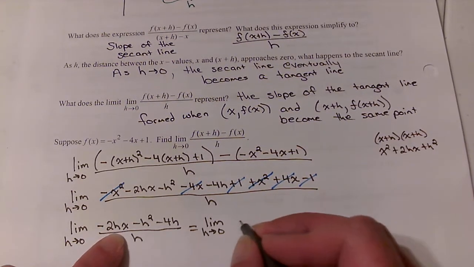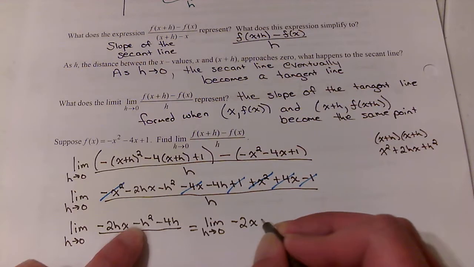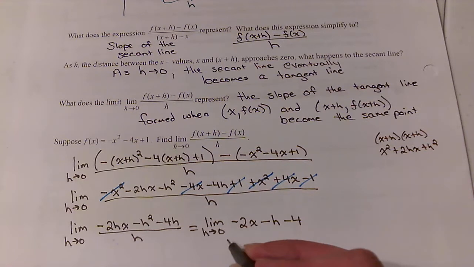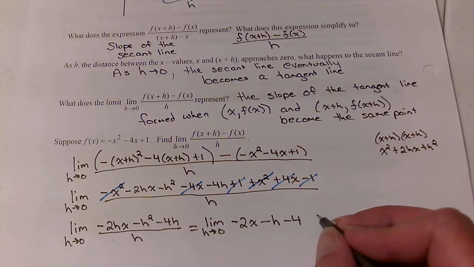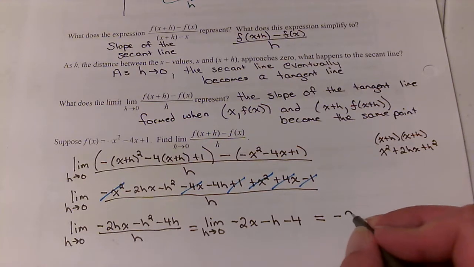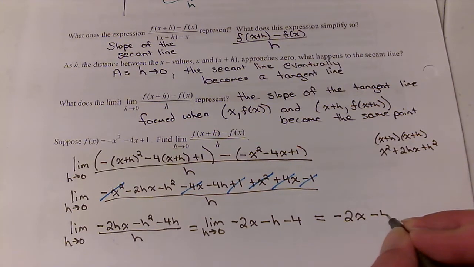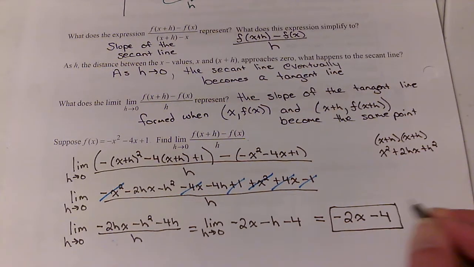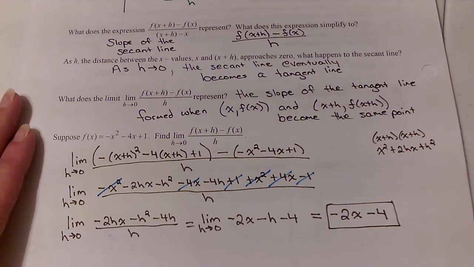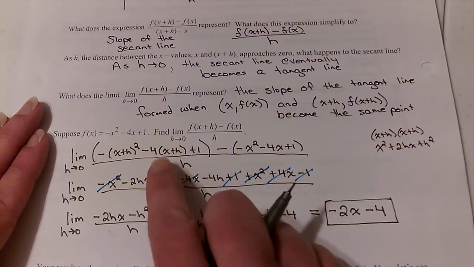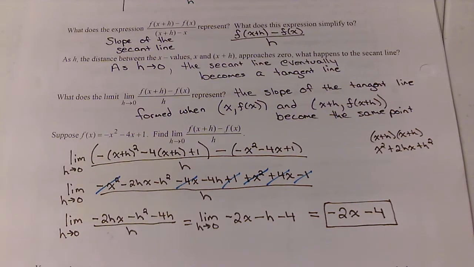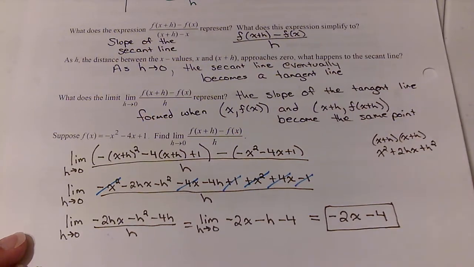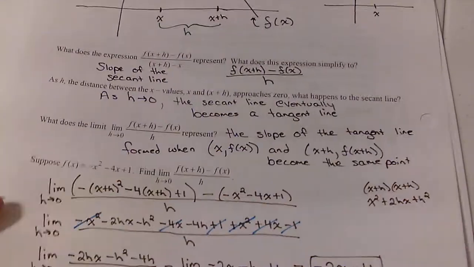So when I divide that by h, I get negative 2x minus h minus 4. Now we can let h go to 0, and we get negative 2x minus 4. This is considered to be the derivative of this function. This is a rule that'll find the slope at any point on the graph, the slope of the tangent line drawn at any point on the graph.